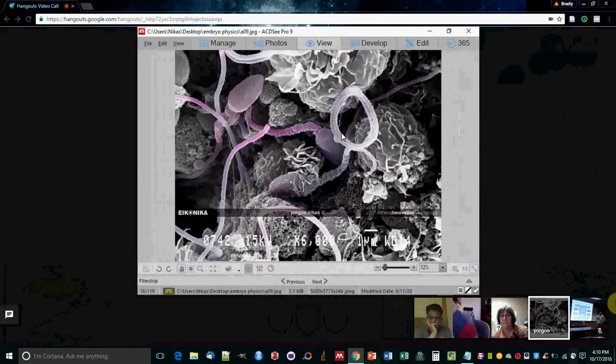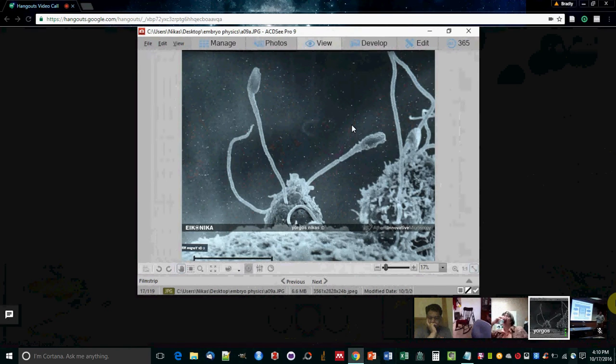You can tell it is hyperactivated by this shape of the tail. And actually it is stuck here on the corona cells. It will not go further. Other sperm that go further, you see here, it looks like they penetrate the corona cells.